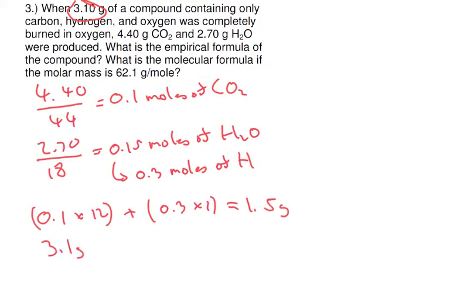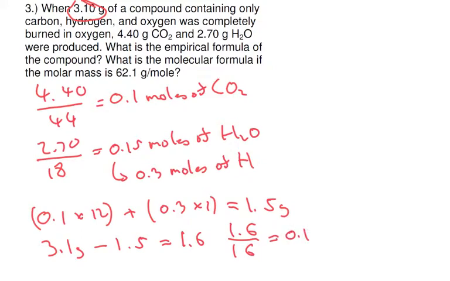So 3.1 minus 1.5 is going to tell us how much oxygen we've got, and we get an answer of 1.6. So we've got 1.6 grams of oxygen. How many moles of oxygen have we got? Well, 1.6 divided by the molar mass of oxygen, which is 16, is 0.1.